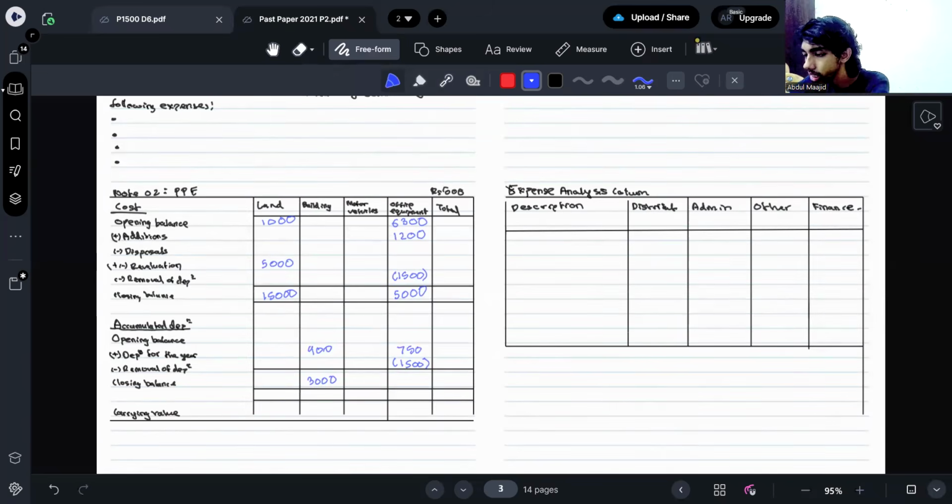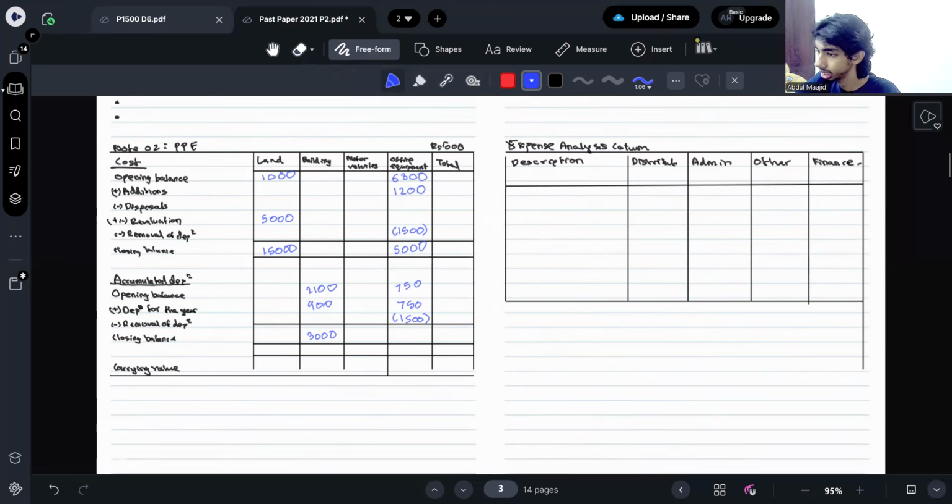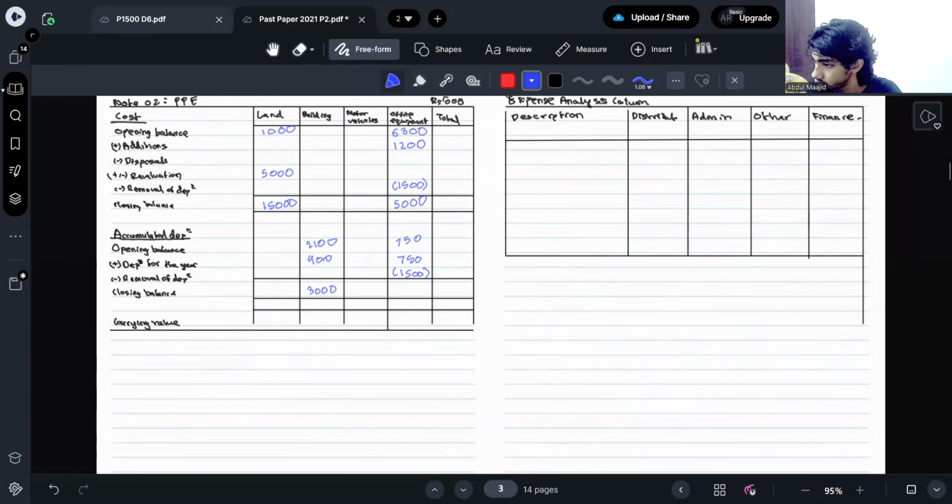Then what will be the opening balances of depreciation? 3000 minus 900, that will be 2100. 1500 minus 750, that will be 750. So now we have to find the revaluation deficit or gain. How do we find that? So I can do a working here.